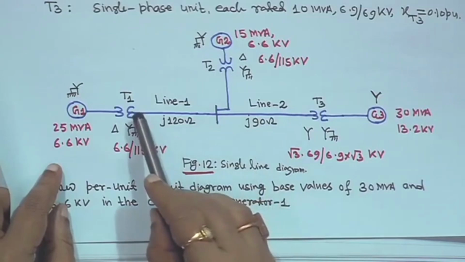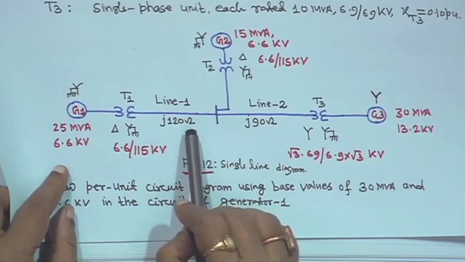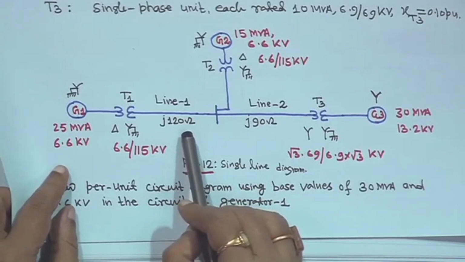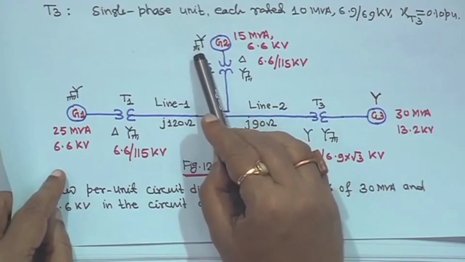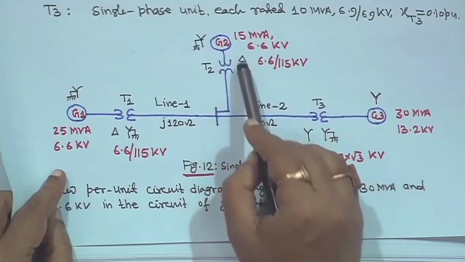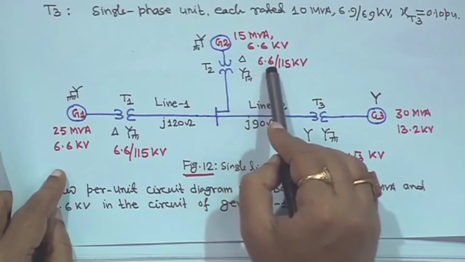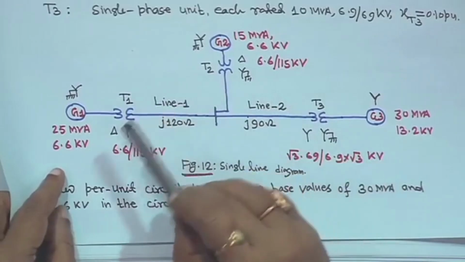Similarly, this is line 1, where we are considering only reactance, j120 ohm. And this is generator 2, star connected and grounded, 15 MVA, 6.6 kV. This transformer is delta star, with the delta side 6.6 and the star side 115 kV, right.